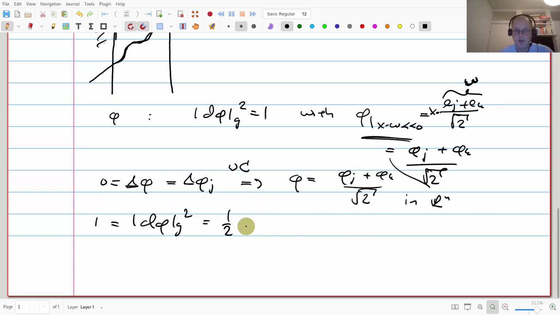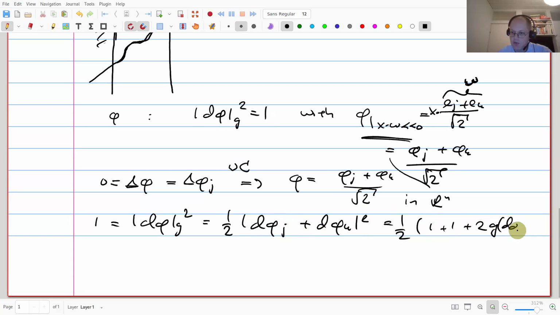So this is 1/2, and then d phi j plus d phi k squared, and then I expand the square, so I get 1/2. And there is one square here for this one, and this is also satisfying the eikonal equation. So it's like 1 for that, 1 for the other one, and then the cross term, which is 2 times g d phi j d phi k, like this.